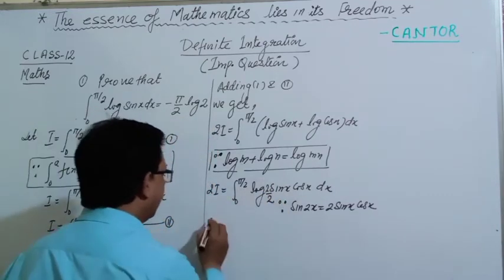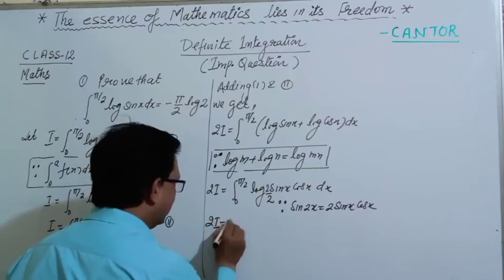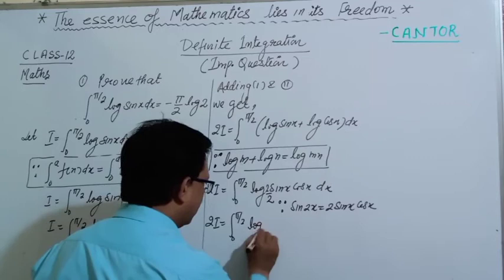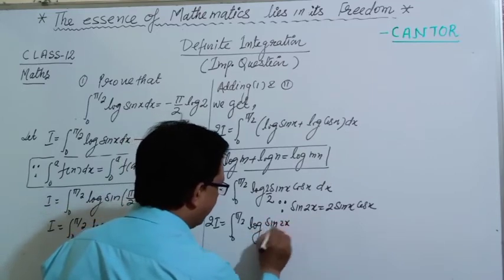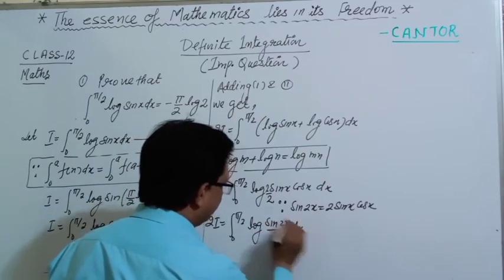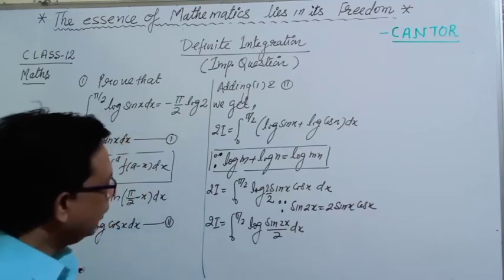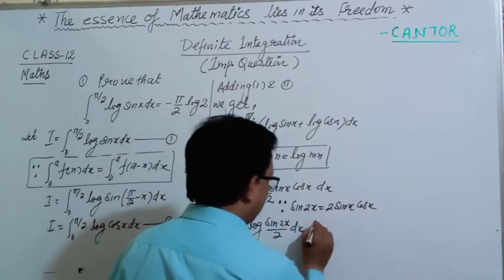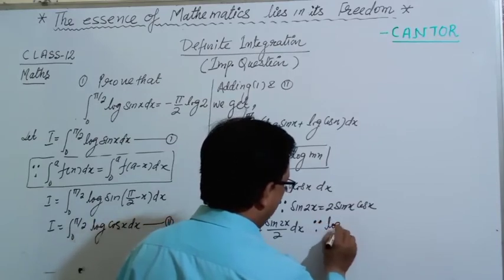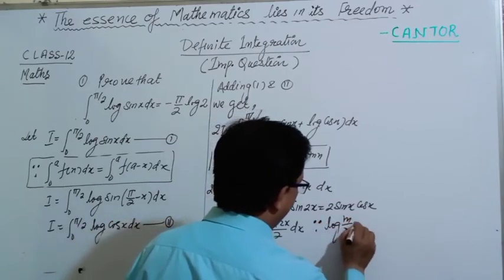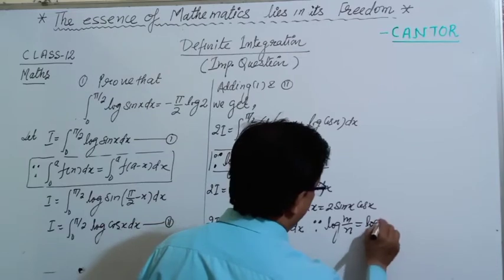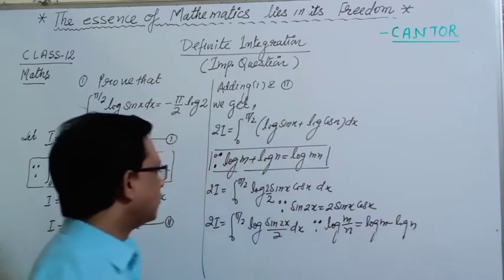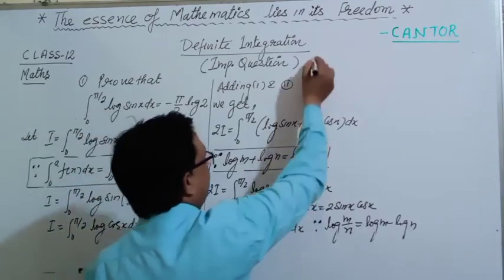So our integral becomes 2I is equal to the integral from 0 to pi by 2 of log (sin 2x upon 2) dx. Now again we apply the formula of log here. This is in the form of log m upon n, and this is equal to log m minus log n. So we use this formula here.